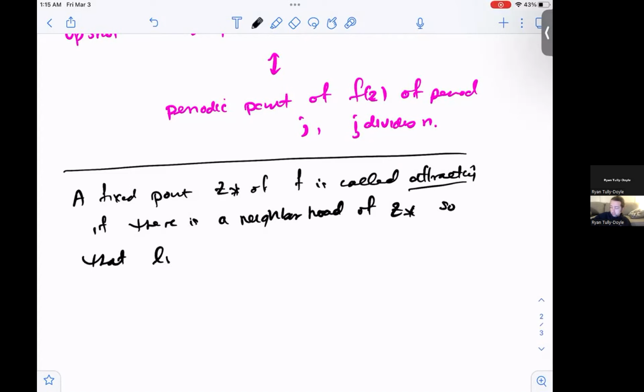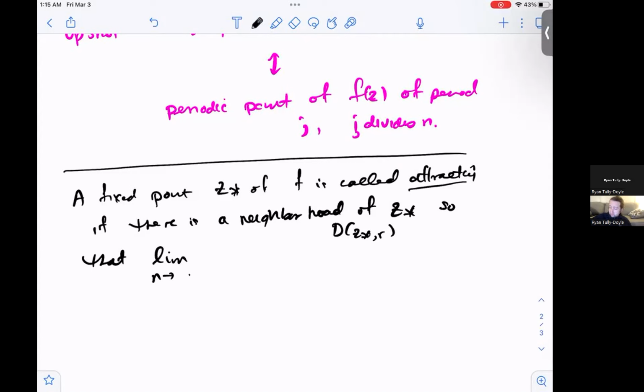the limit as n goes to infinity, I guess we call it a neighborhood, say D(z star, R). So that's like a radius R neighborhood centered at z star.